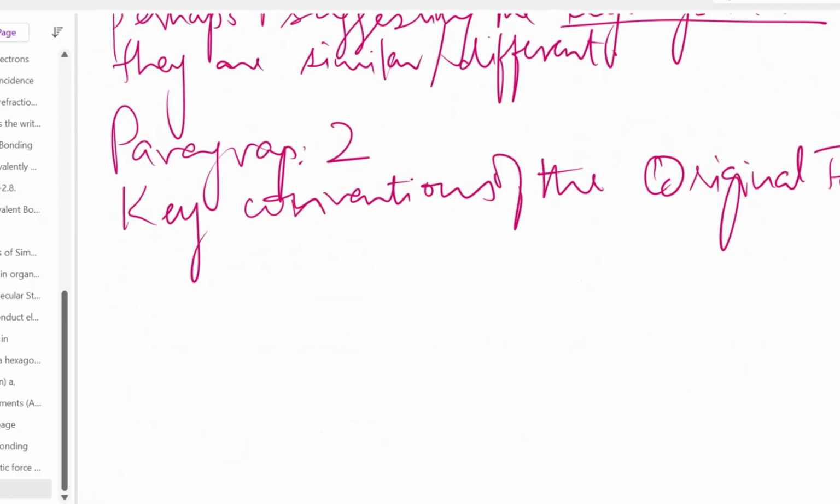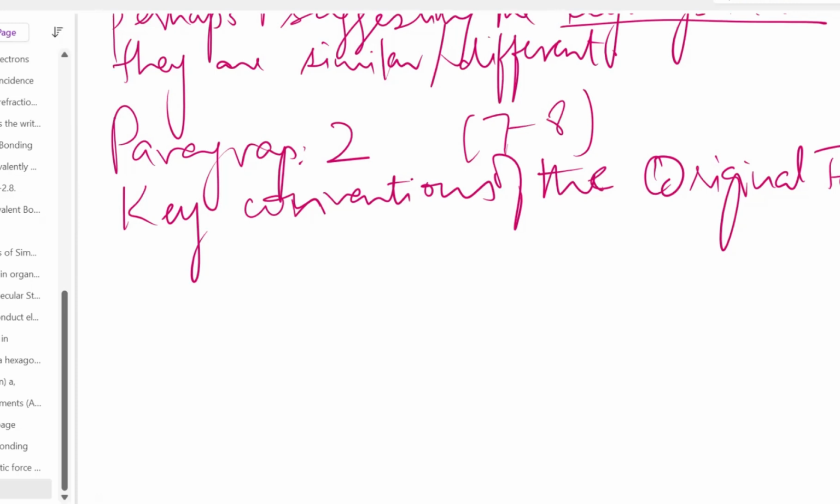Of course, the second paragraph is not going to exceed more than 7 to 8 lines. 7 to 8 lines means you are going to embed the most significant points into it, because you are creating a comparison. So in the key conventions of the original text, you have to just extract the main things from the original text, right?